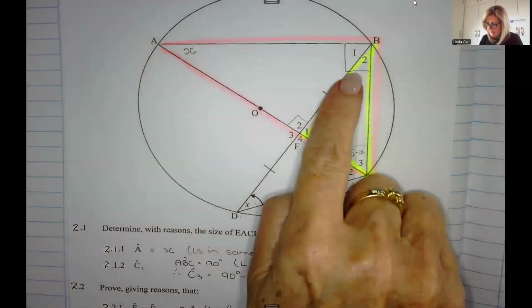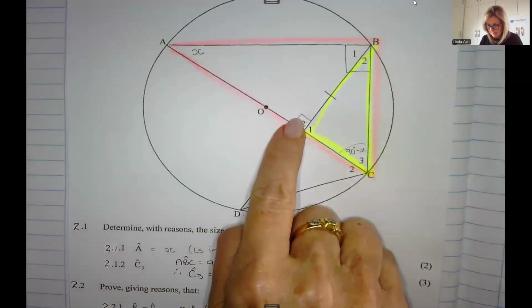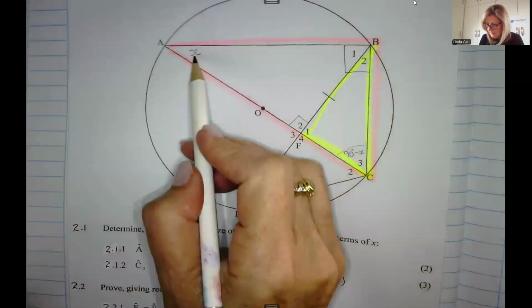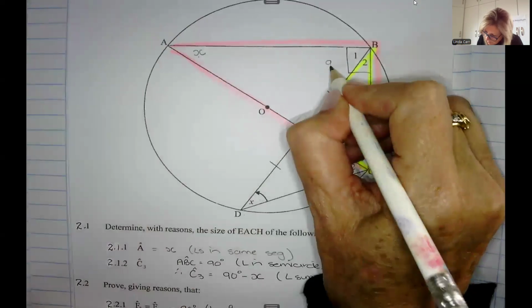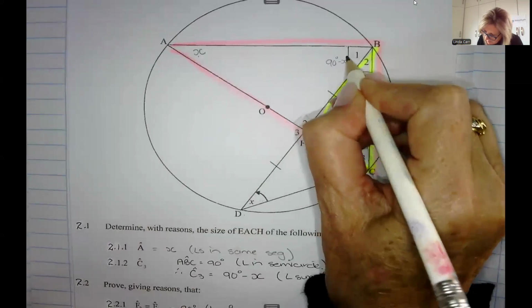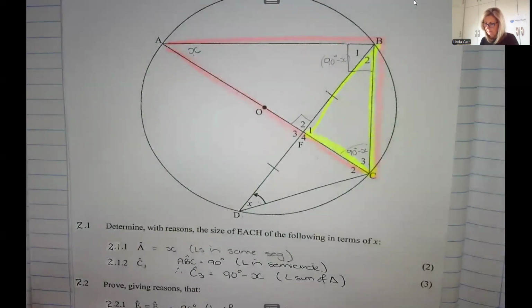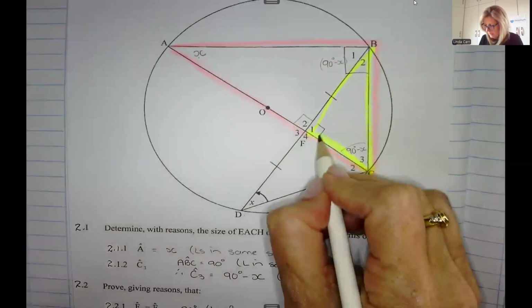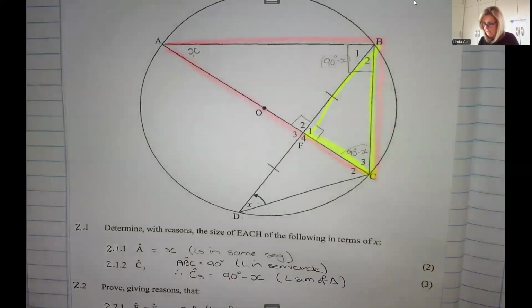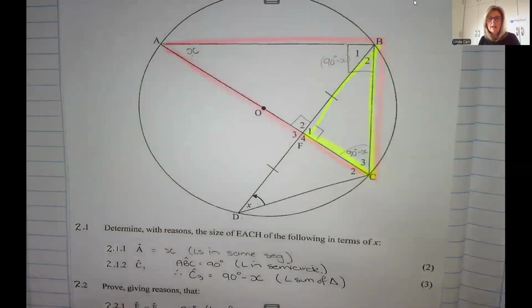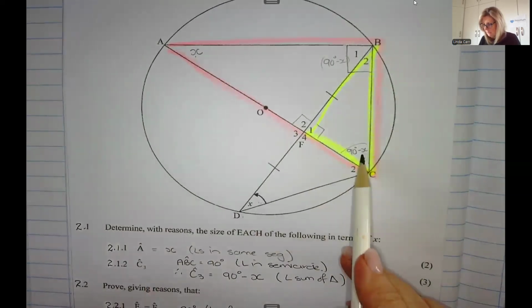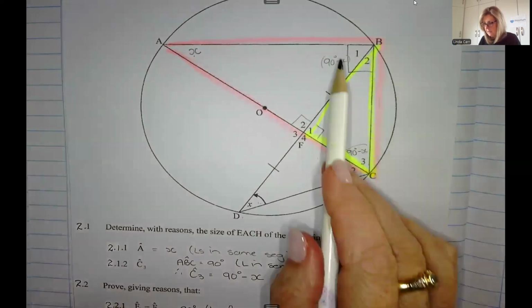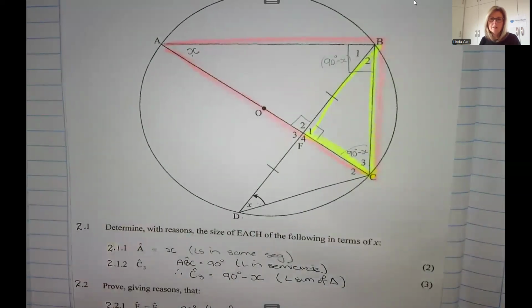So we've stated that this is 90, we've stated that this is 90, we've said that that is x. So therefore, B1 has to be 90 minus x. If I now compare the yellow triangle to the pink one, we've got C3 is 90 minus x and B1 is 90 minus x.